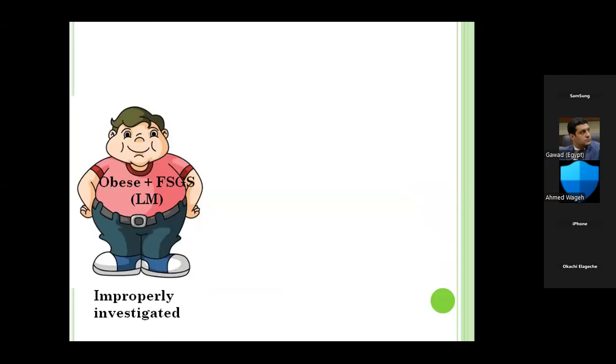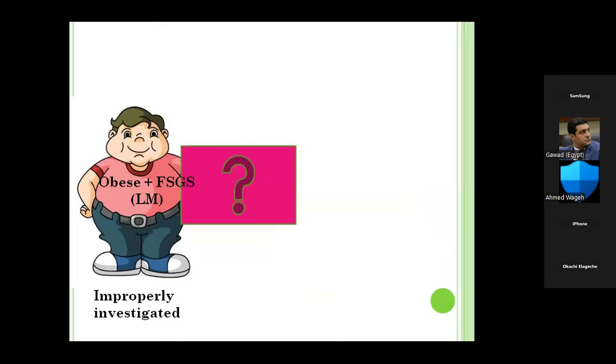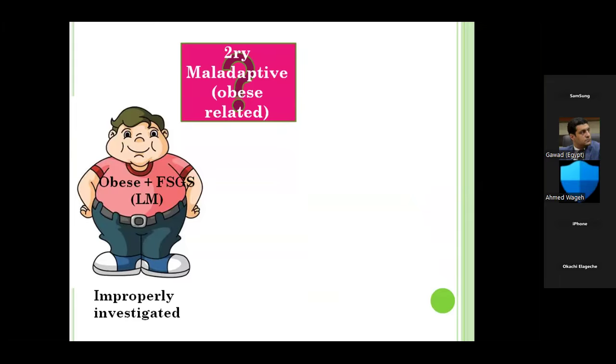So let's have a scenario for an obese patient with focal segmental glomerulosclerosis under light microscope. And this patient was improperly investigated. I mean that proteinuria was not quantitatively assessed, and he's just obese with proteinuria and had light microscopic examination only.